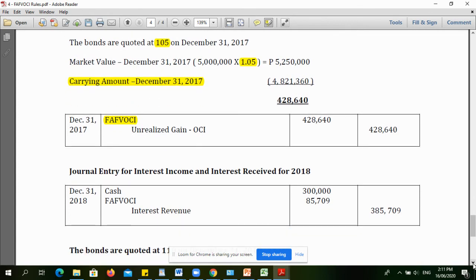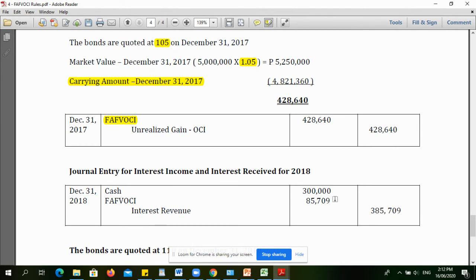Let's go to the next year. The same: we take into account the interest received, which is 300,000 pesos, and the interest revenue, which can be found by multiplying 4,821,360 times 8%.